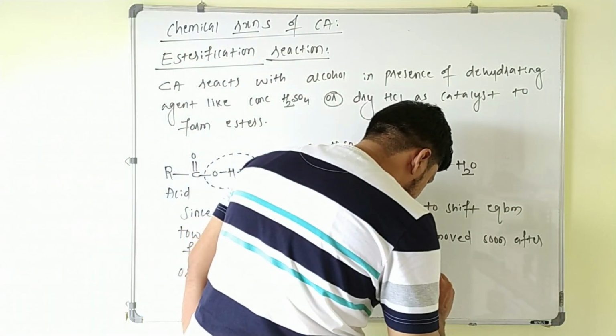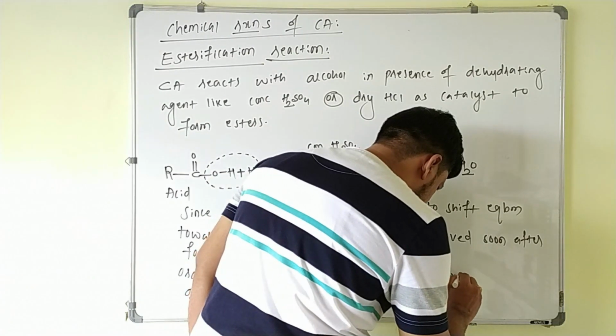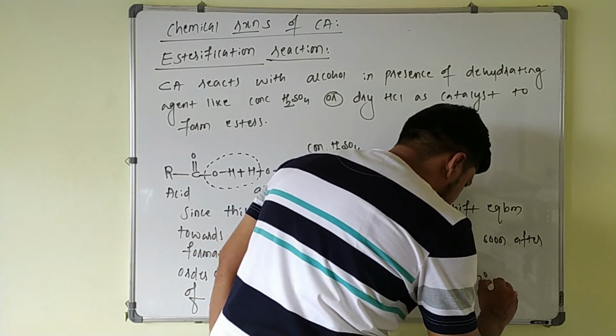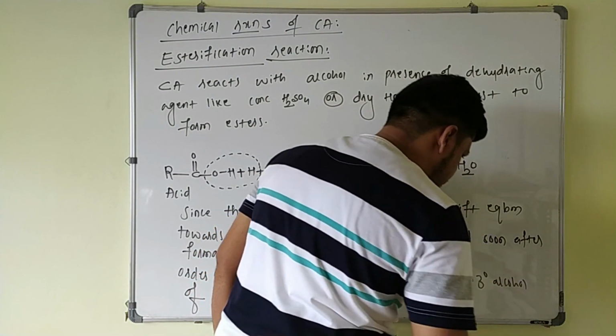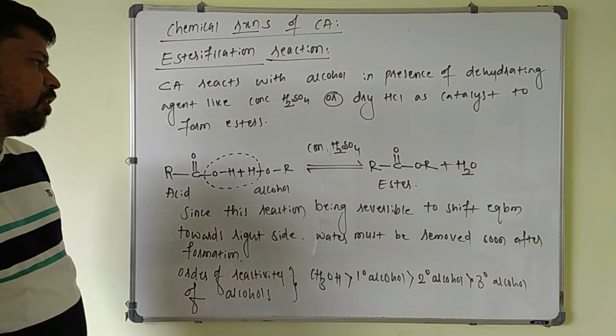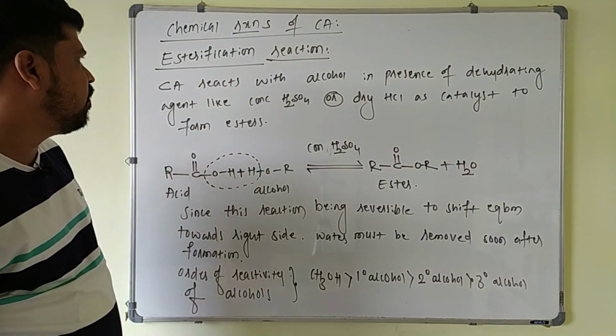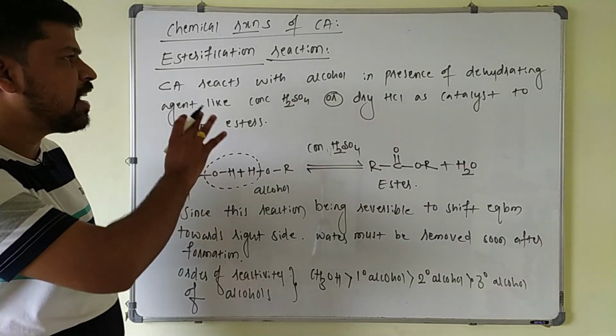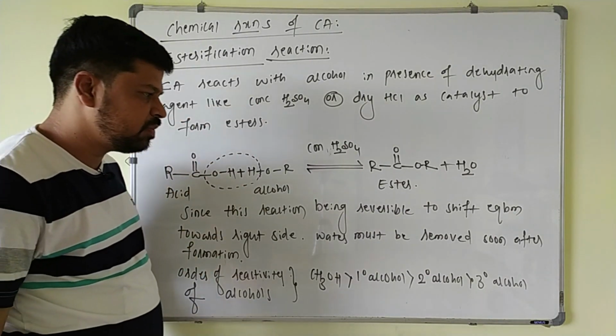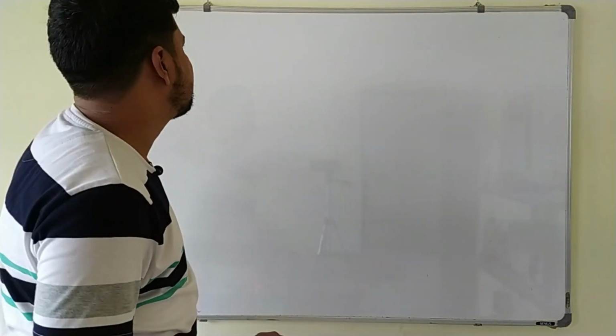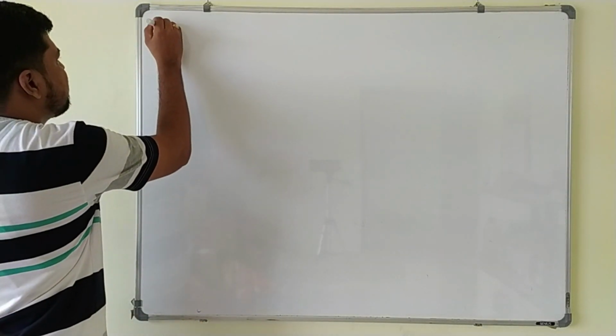Then secondary alcohol, then tertiary alcohol. So this is the order of reactivity of alcohols towards the esterification reaction. Now we will see the mechanism of this esterification reaction. So now we will discuss the mechanism of esterification reaction.